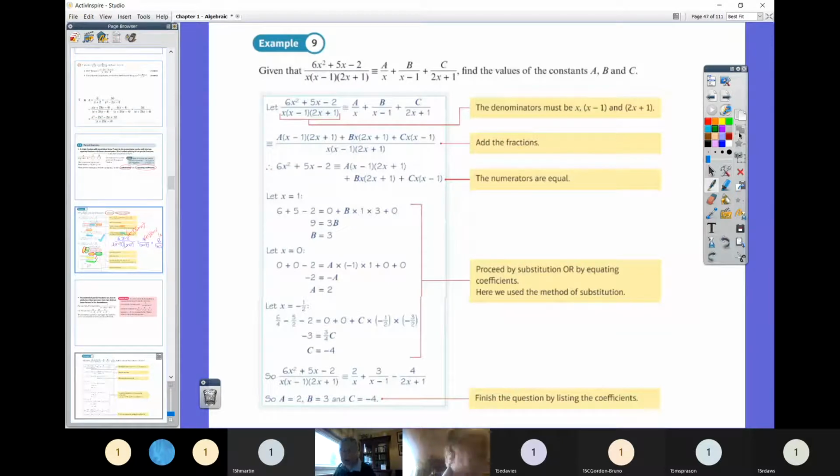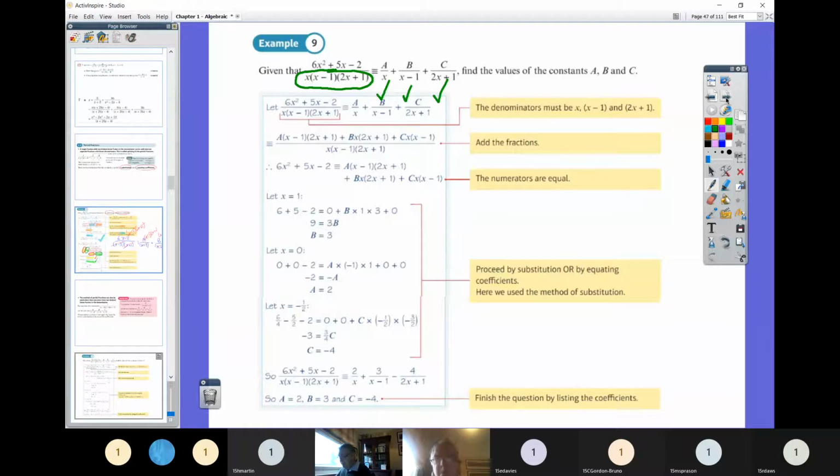I'm not going to spend the time going over example 9, but because we've got 3 components on the left, we've split it up into 3 terms on the right: a over the first term, b over the x minus 1, and c over the 2x plus 1. Then it's just a bit more work. When you're trying to work out a, b and c, you eliminate 3 different x's in turn.